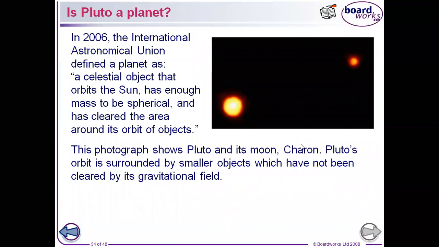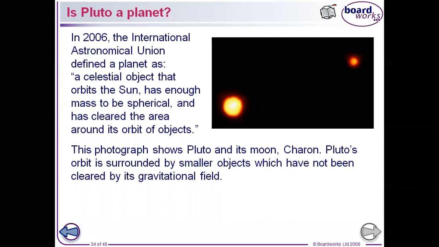In 2006, the International Astronomical Union defined a planet as a celestial object that orbits the sun, has enough mass to be spherical, and has cleared the area around its orbit of any object.